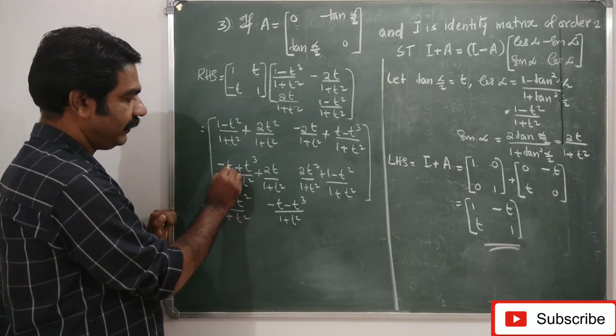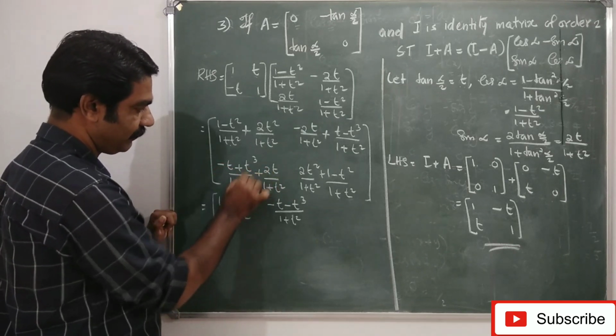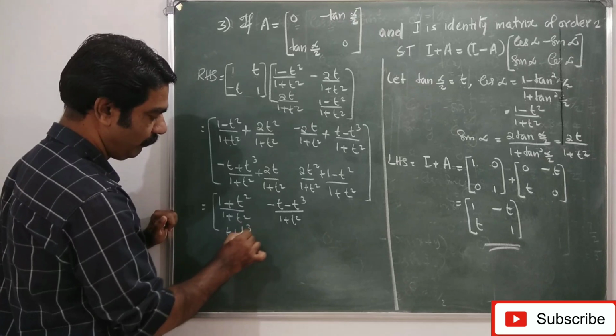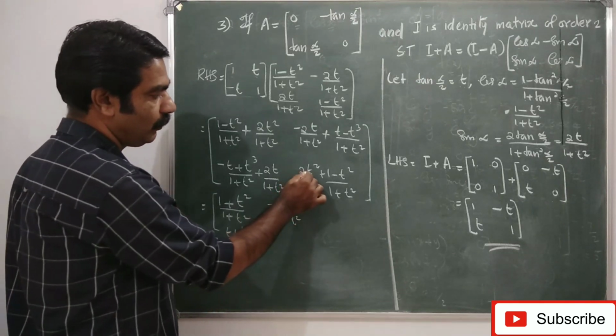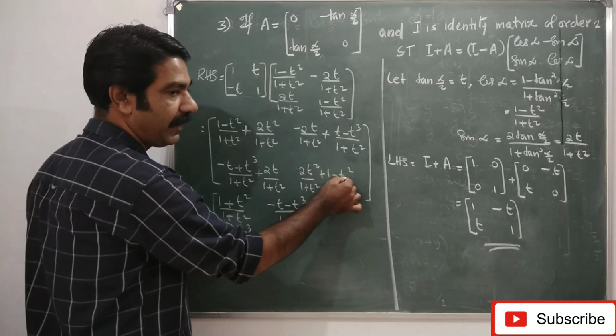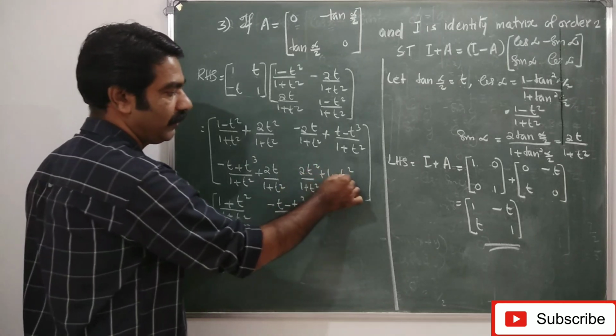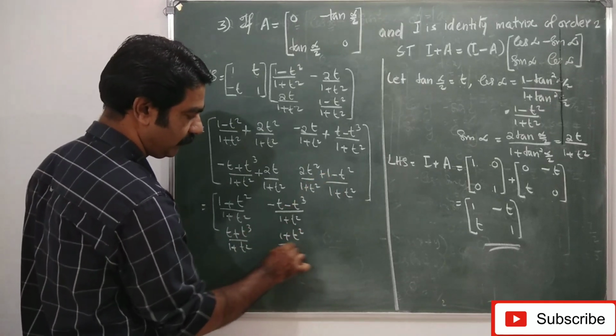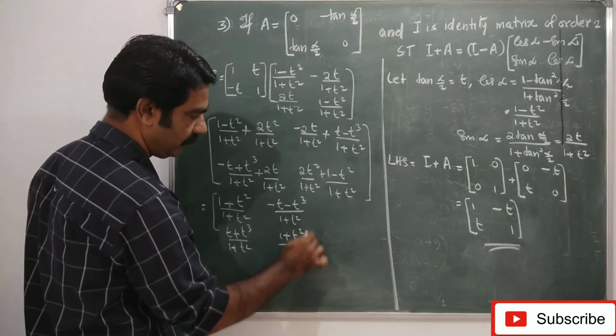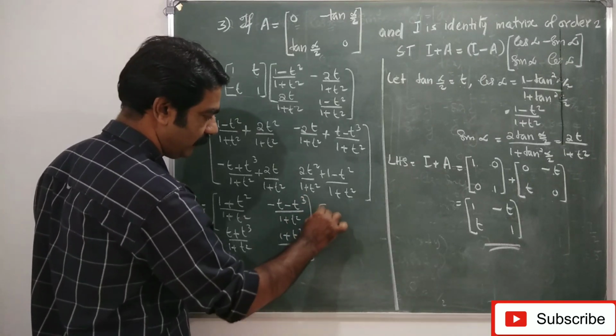Here minus t plus 2t becomes t, plus t cube, divided by 1 plus t square. Here 2t square minus t square is t square, and again 1 is there, so 1 plus t square by 1 plus t square.